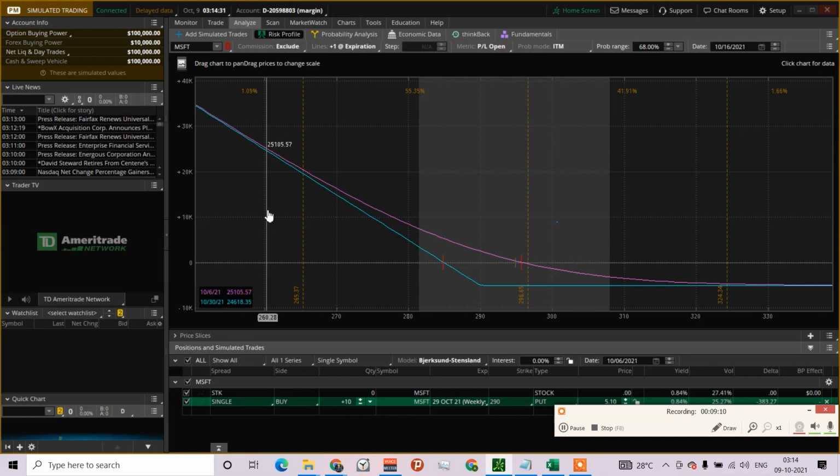It doesn't happen that way, but still, the risk to reward ratio is a lot more favorable. But as you are giving upfront capital, like an investment, a debit, just like in a call option, if you're buying a put option you give an upfront cost. That's why your break even is at a lower price than the strike price. That's why the stock price needs to go down in order to be profitable, just like in a long call where it needs to go up in order to be profitable, otherwise it is not.